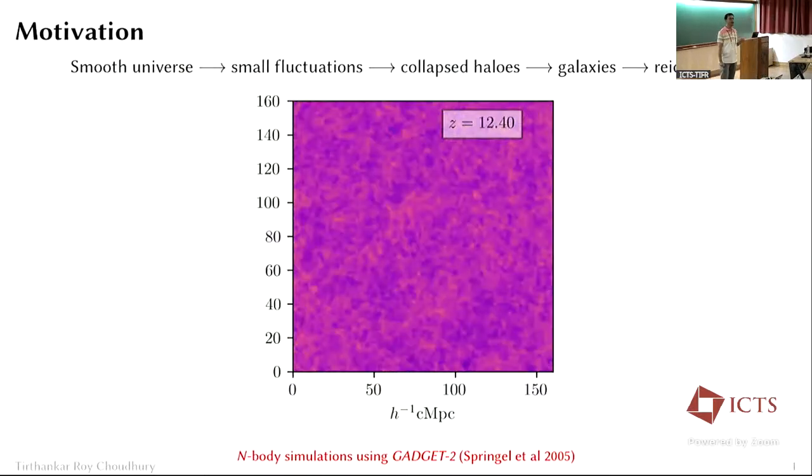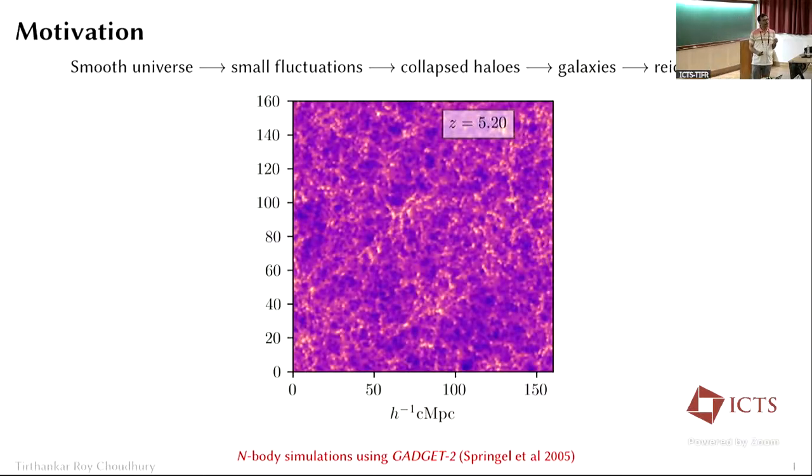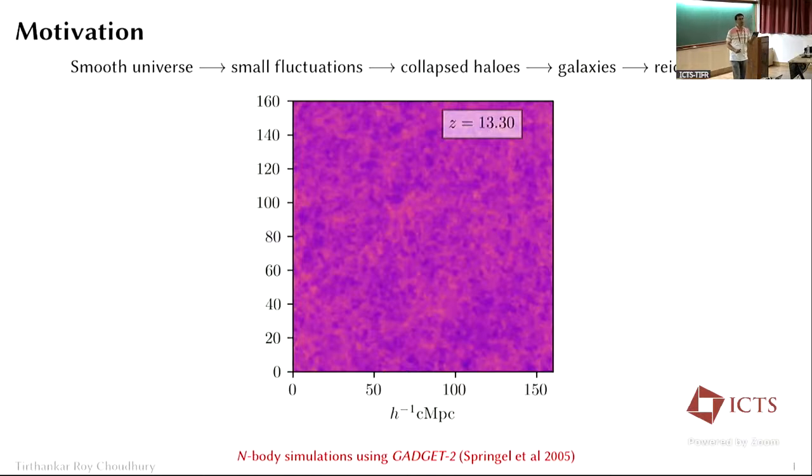In particular, we are interested in collapsed halos, the places where the dark matter density is so high that they decouple from the expanding universe, because these are the places where galaxies will form. And these galaxies are very interesting. People study galaxies on their own, and in reionization, this becomes a very crucial piece for modeling.